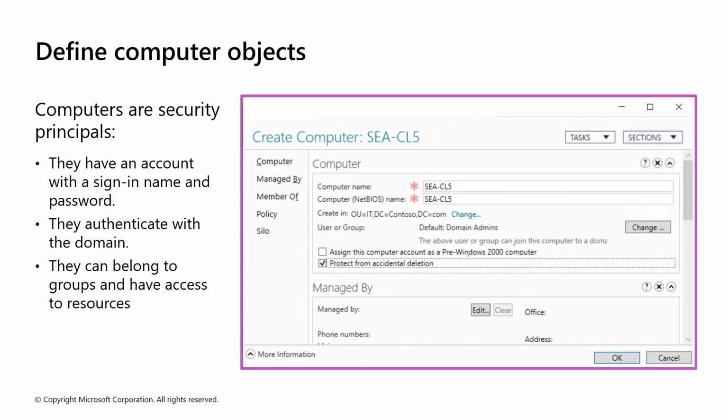Computer objects represent devices that are part of your network. Like users, computers have accounts, can authenticate with the domain, and can belong to groups. Managing computer objects includes tasks like configuring properties, moving them between OUs, and resetting or disabling accounts.